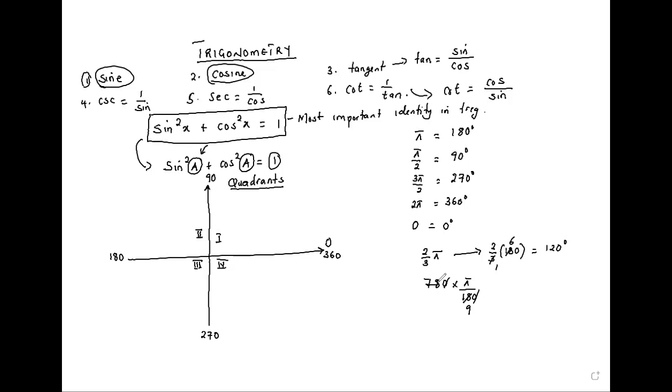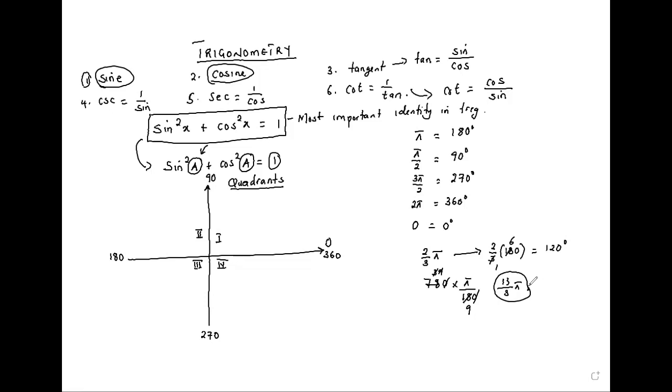I have 2 there, so 3 can go again. 3 there, 1, 3 over 3 pi. So I've converted from degrees to radians. So that's what you do.